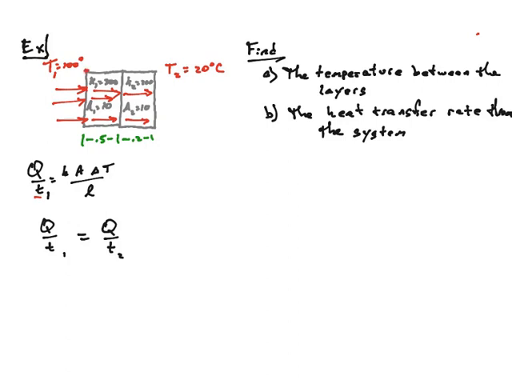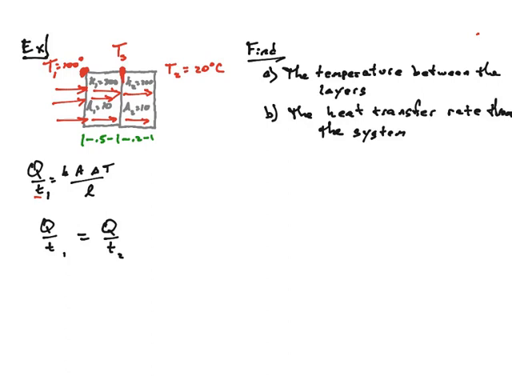But notice what delta T is. Delta T for the first material is this side of the material and this side of the material. I'm not looking over there on the right because that's material 2 stuff. So I need T1, but I also need this other temperature. I'm going to call it T3, this temperature that's in the middle here. But I don't know it.